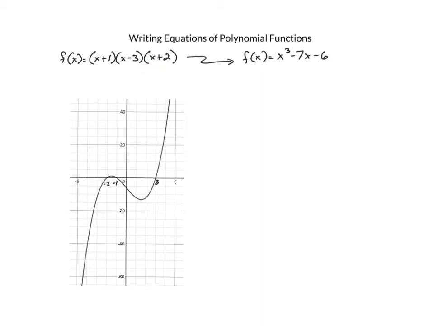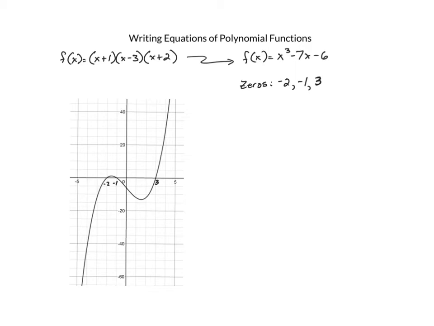And of course, those are our x-intercepts of the graph, and we also call them zeros of the function. So the zeros for this function are -2, -1, and positive 3.